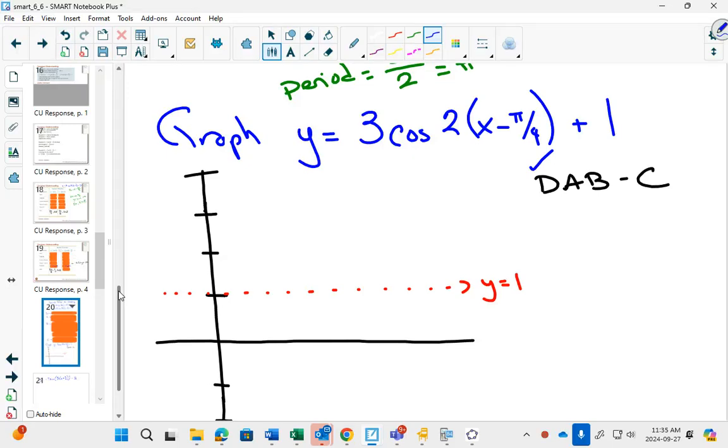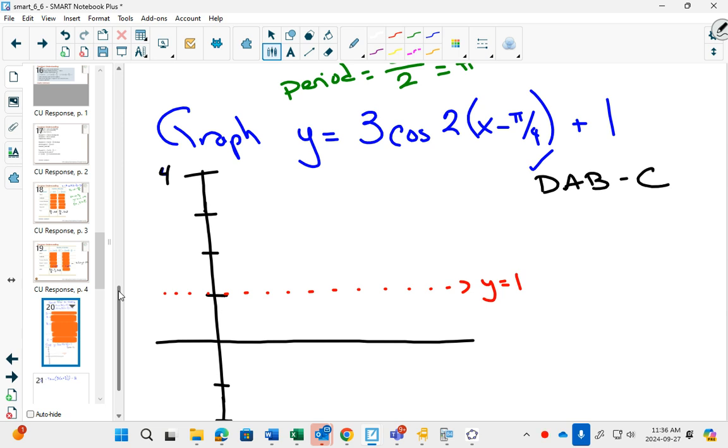My A value is my amplitude. Amplitude is the distance from your center line to a maximum and center line to a minimum. So if I know my amplitude is 3 and I know my center line is at 1, if I go up 3, I'm going to get to 4, which is my maximum.